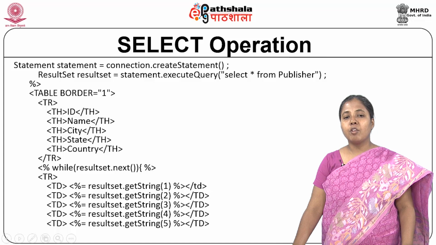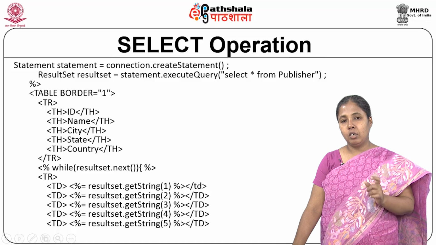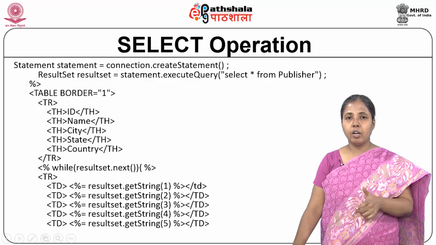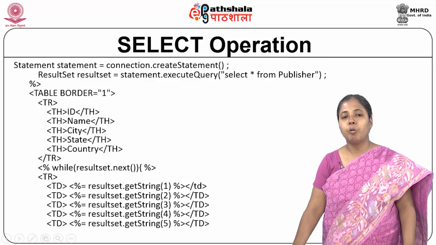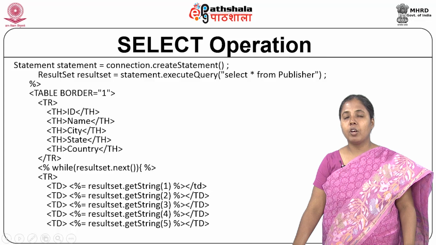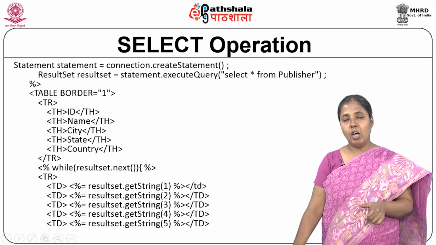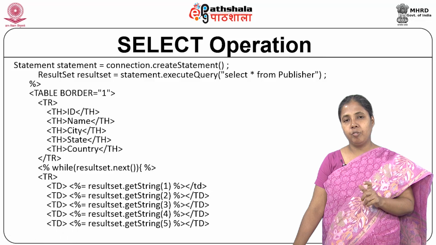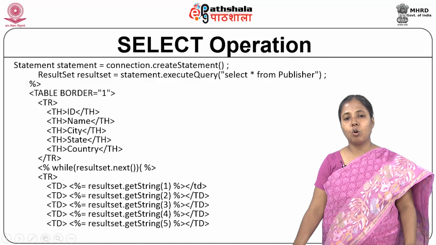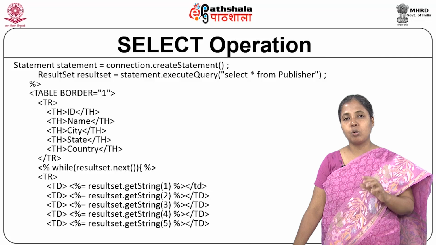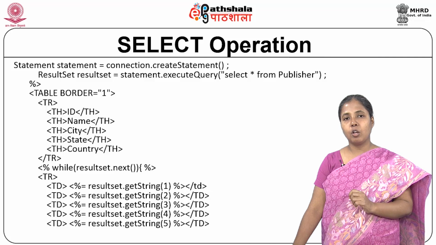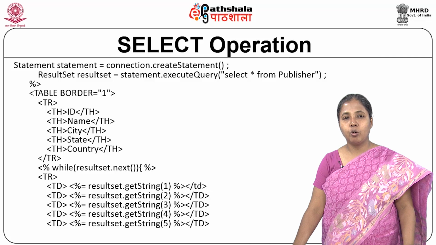Then getString of 2 would retrieve the value from the second column of the first record, stored in the second column of your table, and getString of 3 would retrieve the value from the third field of the first row, stored in the third column. Likewise you read the column values for the first record and show them in the first row of the table.